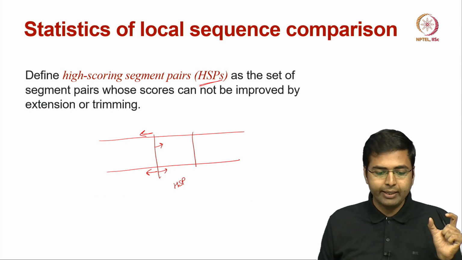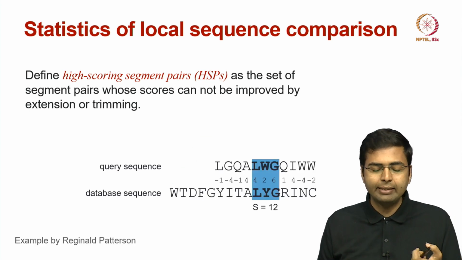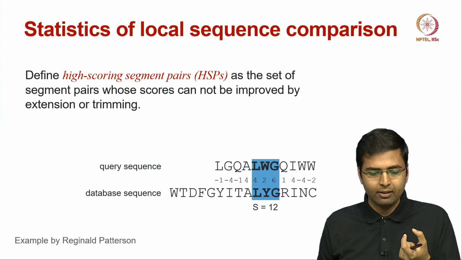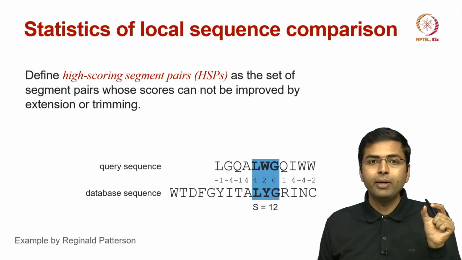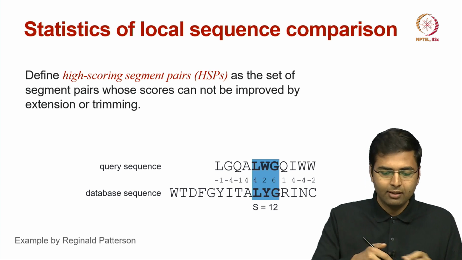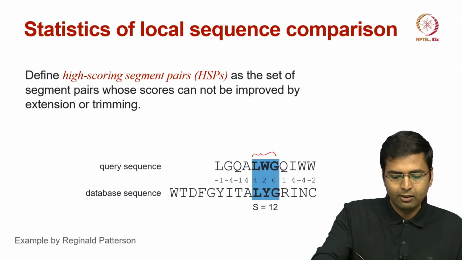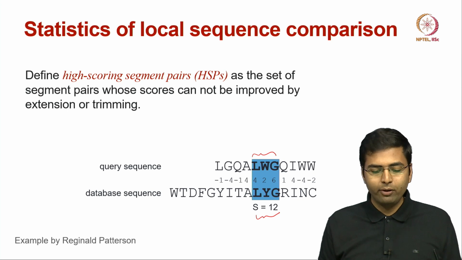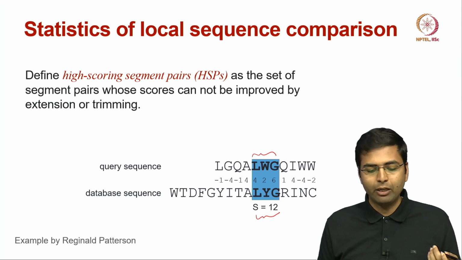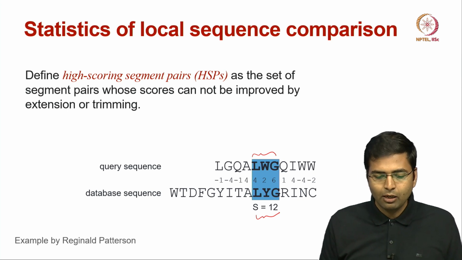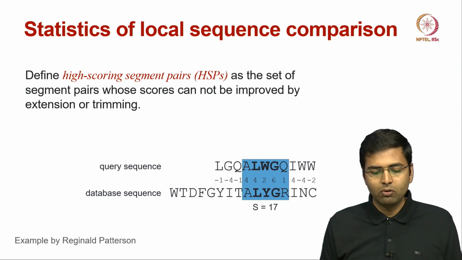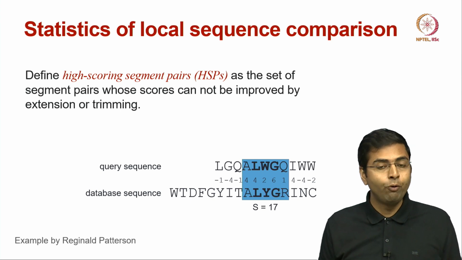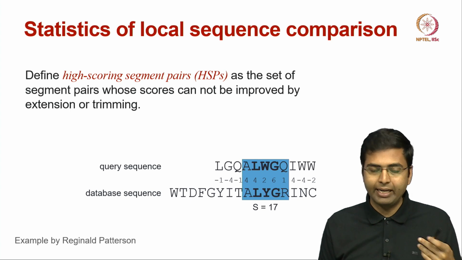So, I am defining it as a high scoring segment pair. To show a concrete example, here I look at a short substring between two sequences, let us say of length 3. In this case the alignment score is 12 based on the scoring system we are using. Now, if I expand further, it turns out the score improves. So, we should keep expanding and testing.